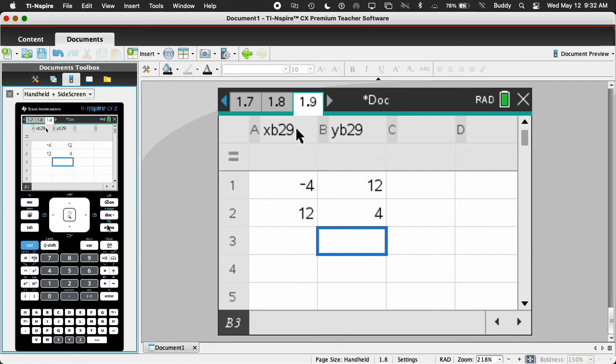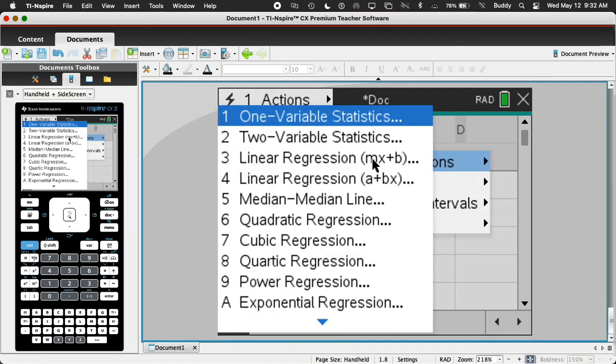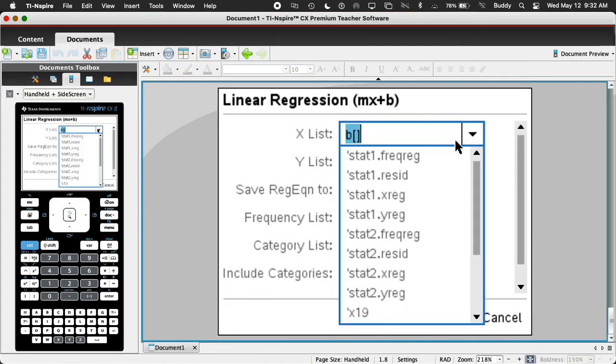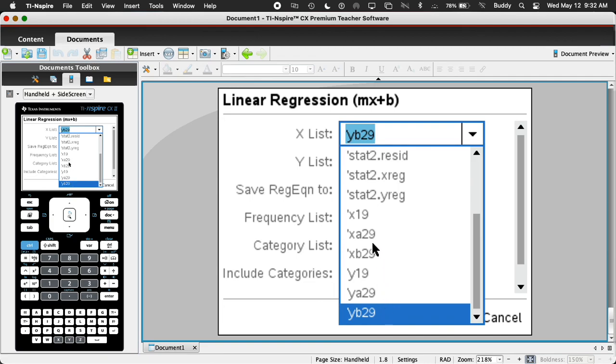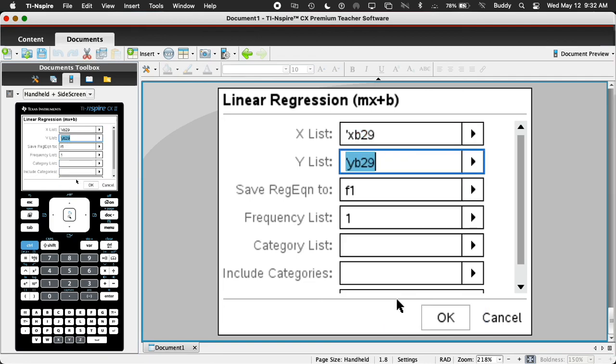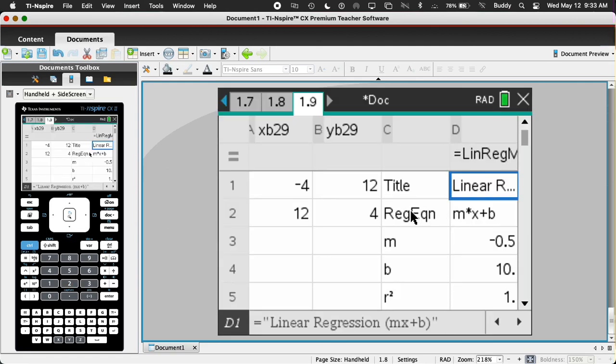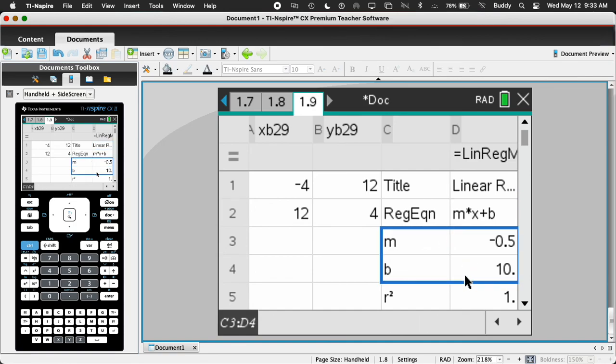Now I'll go ahead and run my regression. I'll select the appropriate x's and y's. I'm going to rename my function. And here I have y equals negative 1/2 x plus 10.